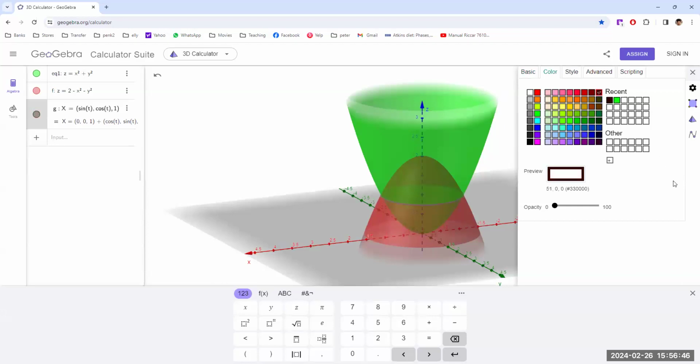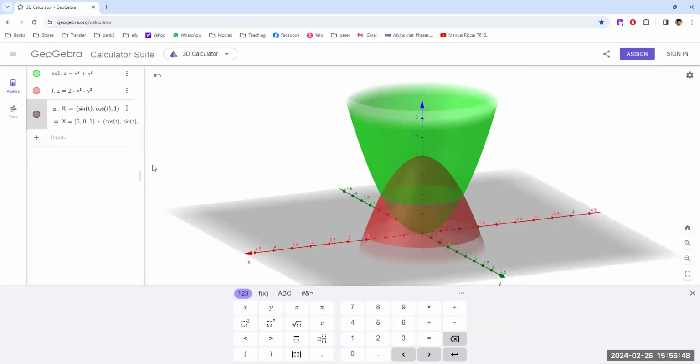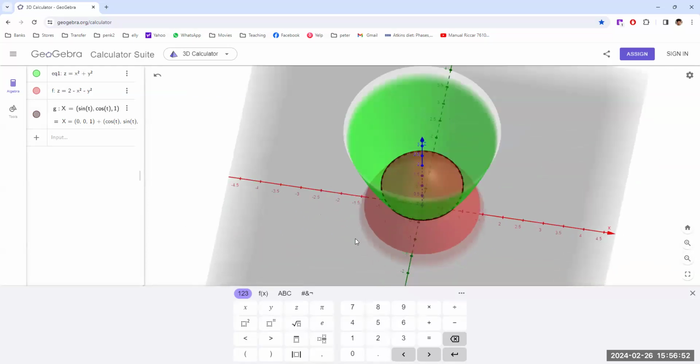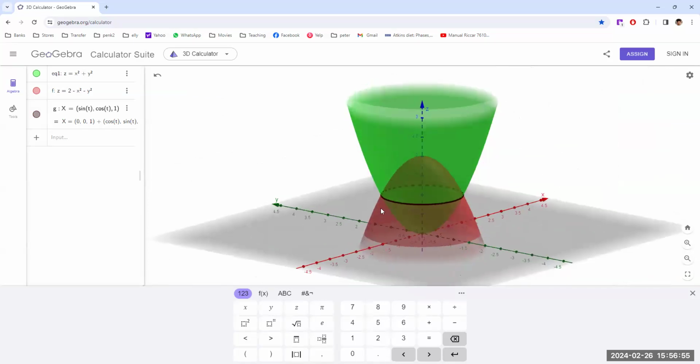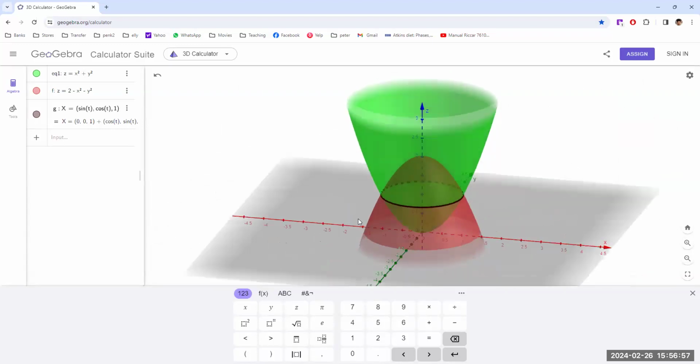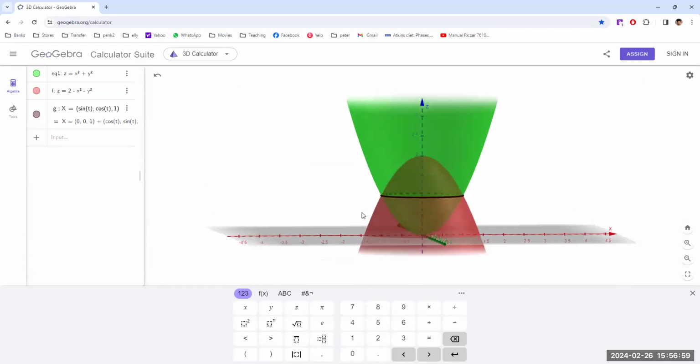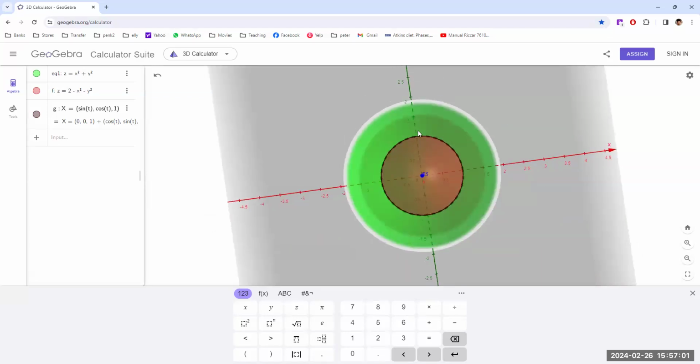Change it to black. Now you see that? Okay, if you turn around, you see it's actually a circle, right? And how do we know it's radius 1? Let's see from above. You see, that's radius 1. Okay, 1/2, 1, like that.